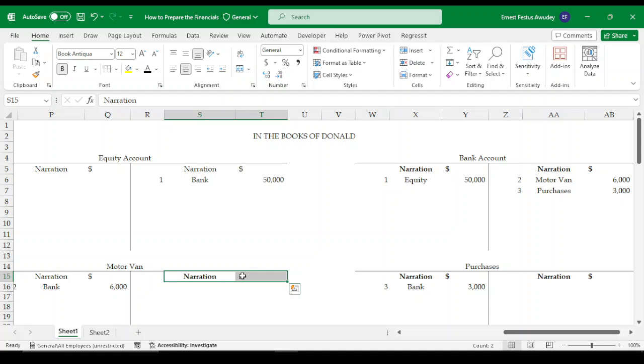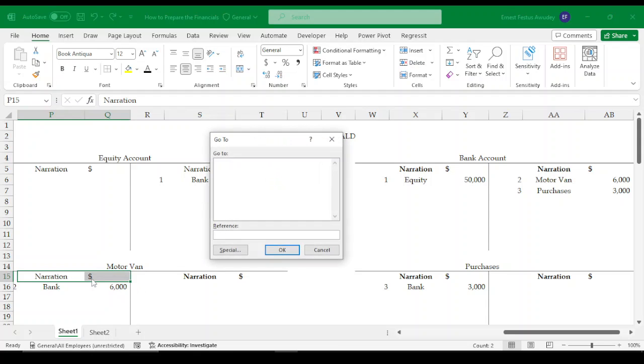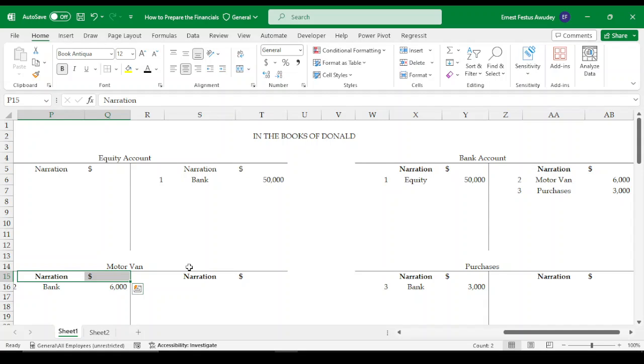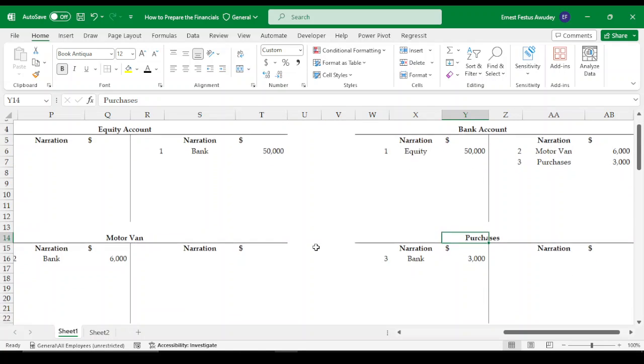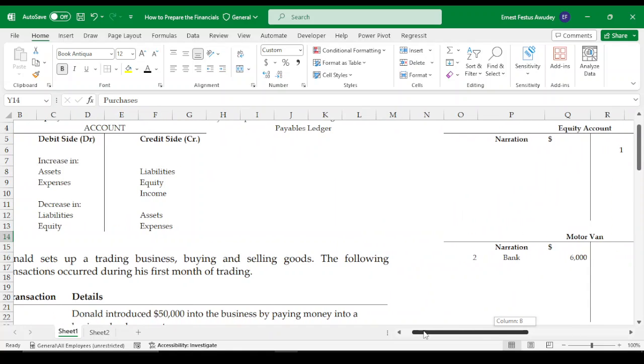I just use F4 to repeat my last action, then F4 again, and again. I'm just highlighting this so that they look a bit clearer. Okay, so that is it.